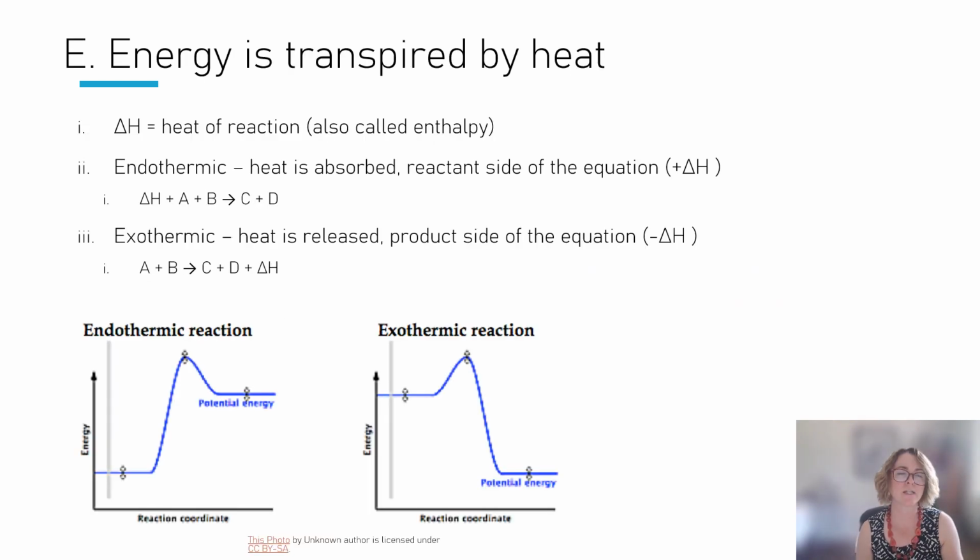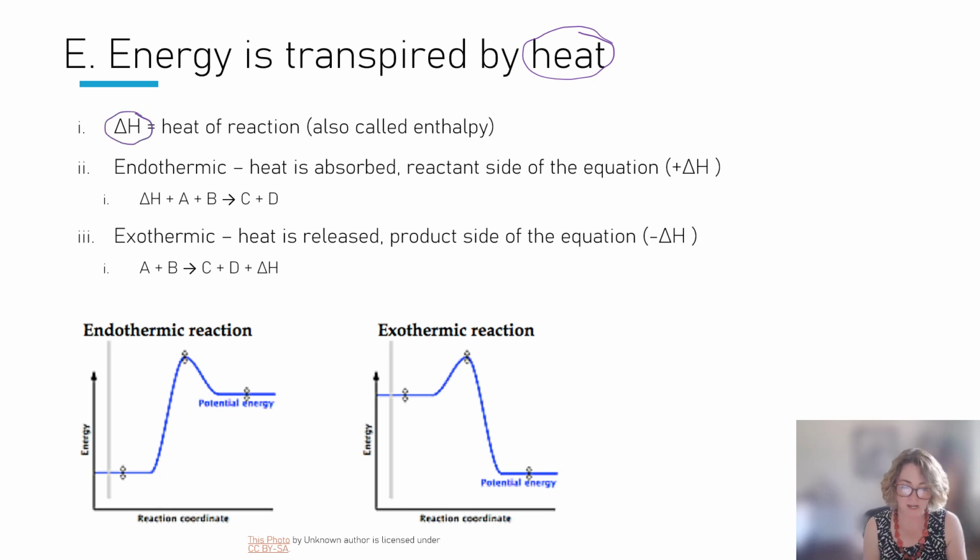All right, so let's talk specifically about the energy that we experience with reactions. Now, most of the time when we are talking about energy and reactions, we are talking specifically about heat. We are going to define heat as this term right here.